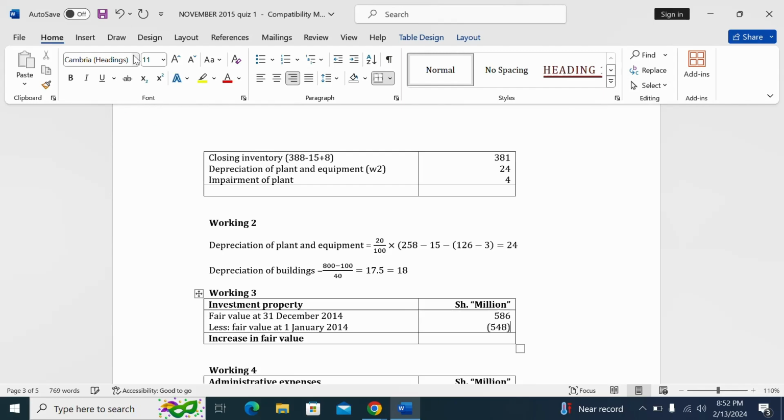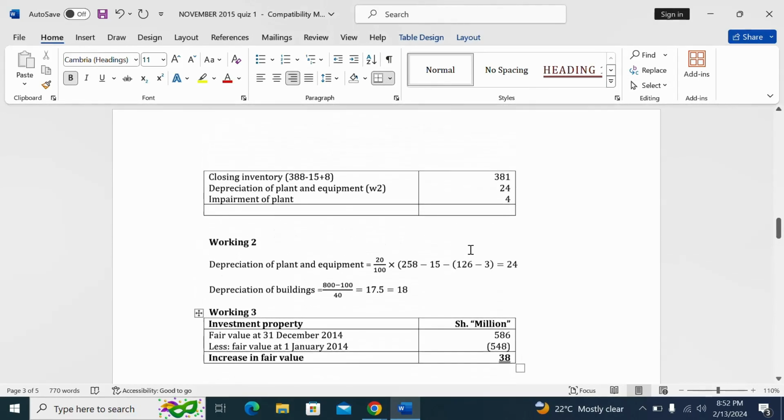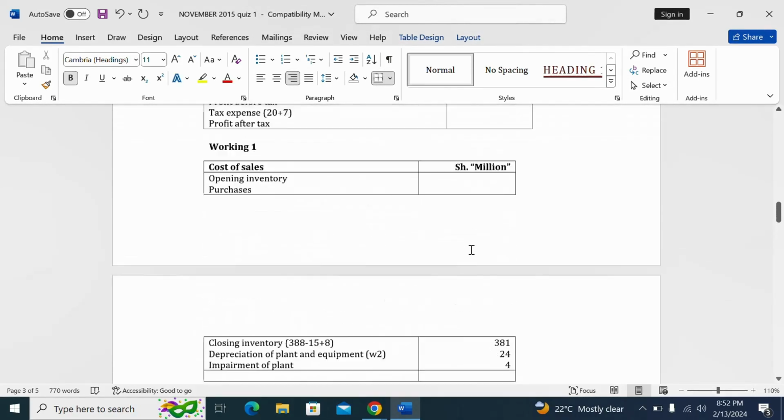If you take the difference, that will be the increase or decrease in the fair value. 586 minus 548, you get an increase of 38 million. That is a profit which will be taken into our income statement. And we are done with that.